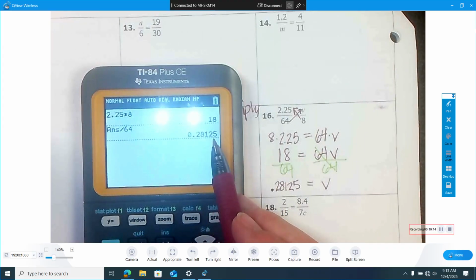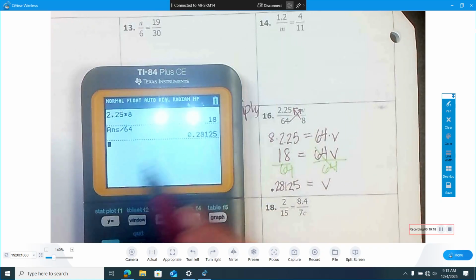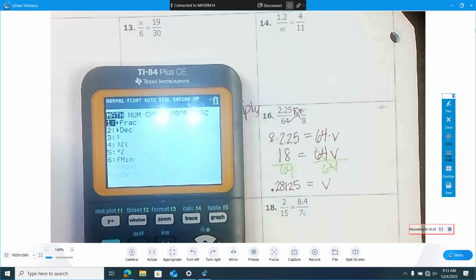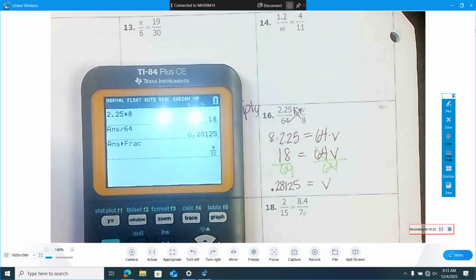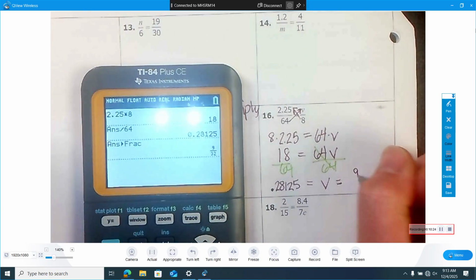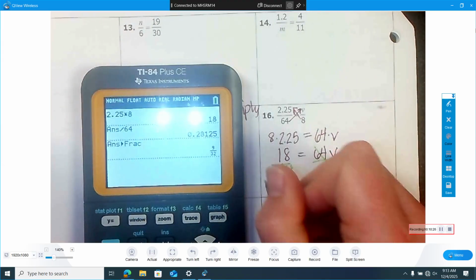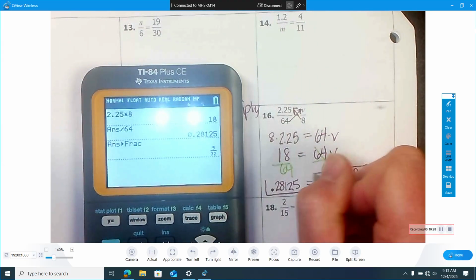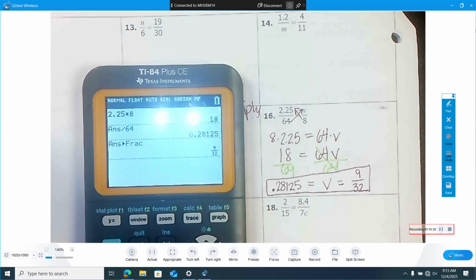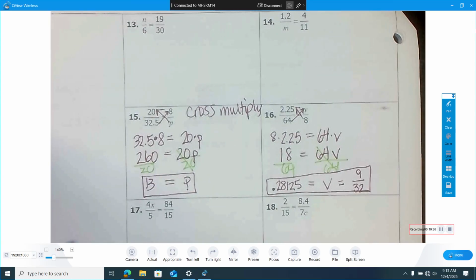It doesn't go on very long. It's got 5 decimal places, but it does stop. It doesn't fill up the screen. Can I math frac this if I want to? Yeah. So it does equal 9 over 32. So either of these two answers is accurate. They are exactly the same. All right, do you have questions for me thus far?